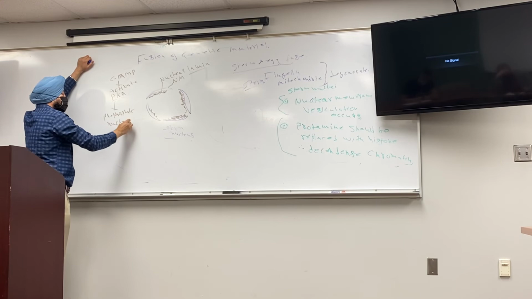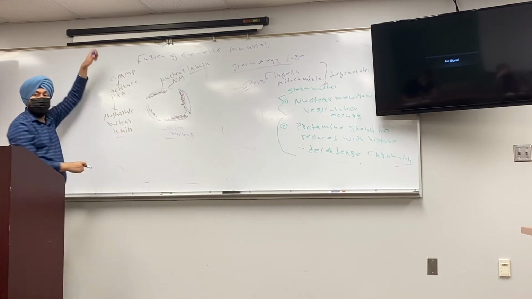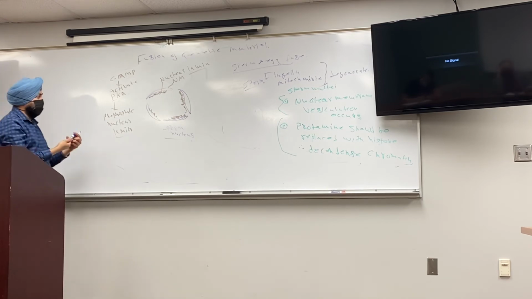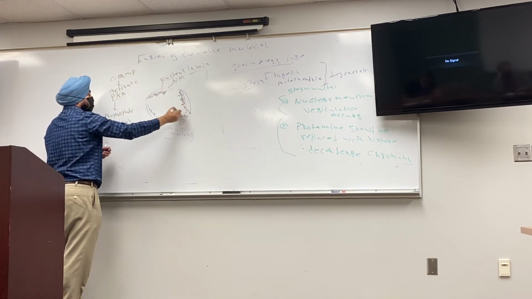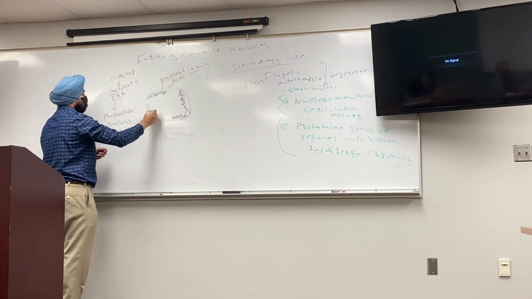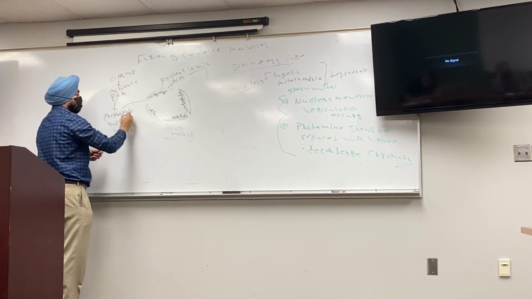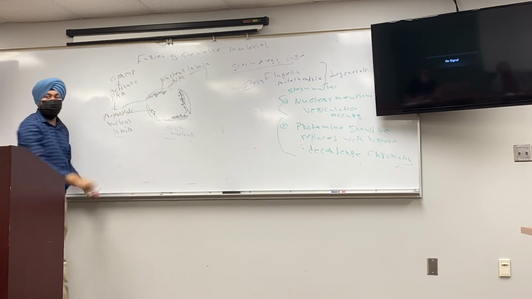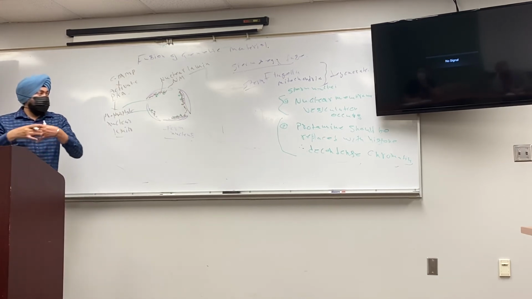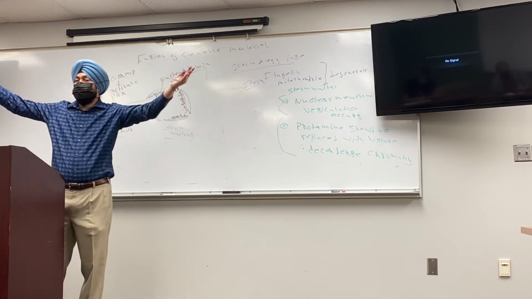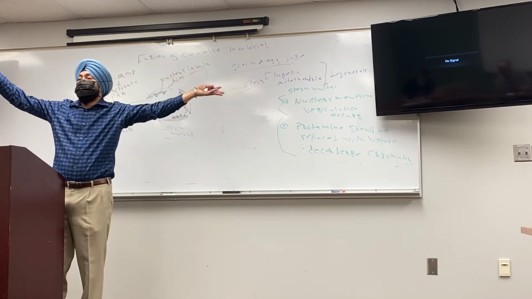And what that protein kinase A does is phosphorylate the nuclear lamin. So this nuclear lamin will be phosphorylated. You remember from your cell biology that once this lamin is phosphorylated, the lamin protein disintegrates.